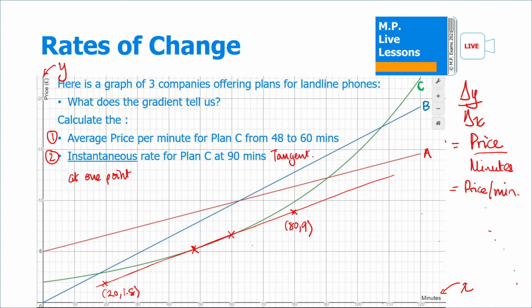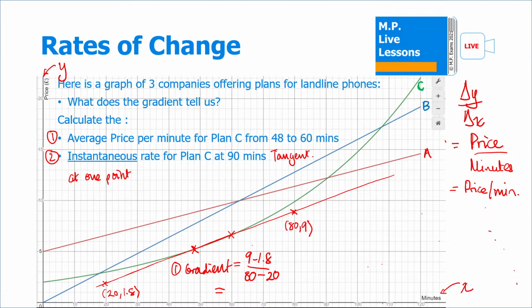Now you'd find the gradient. That is the average price per minute, or the rate of change. So you do the change in y, so 9 minus 1.8, divided by the change in x, which is 80 minus 20.